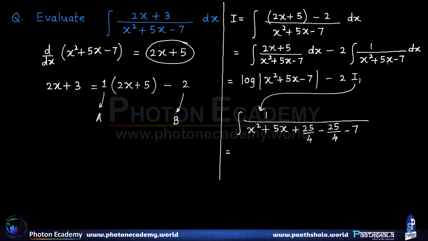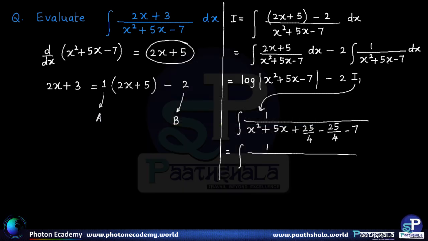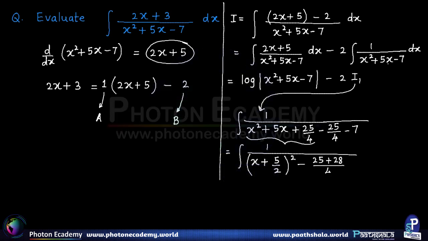So therefore this gives us 1 upon the square of x plus 5 by 2, the whole square, minus 25 plus 28 whole by 4 inside the bracket.